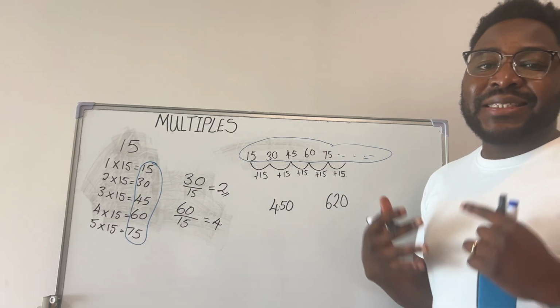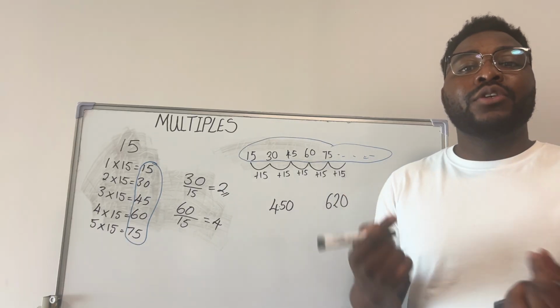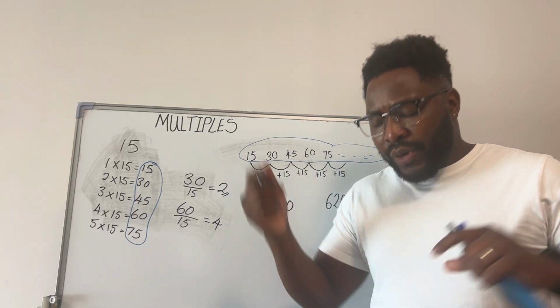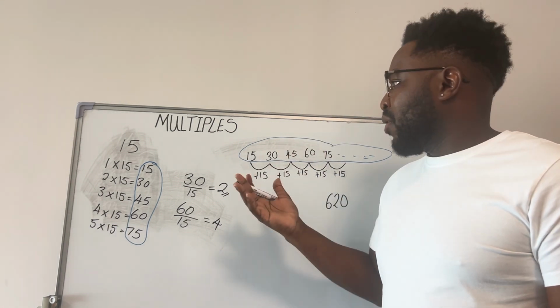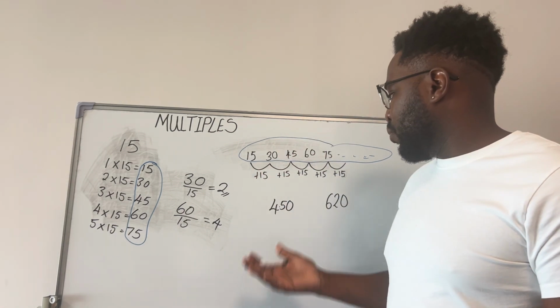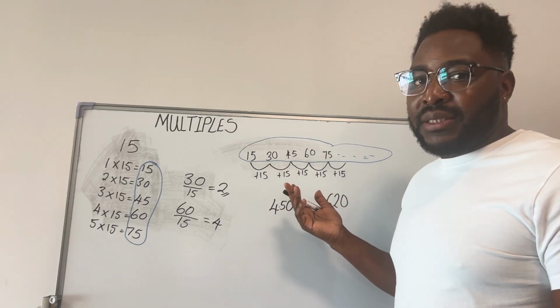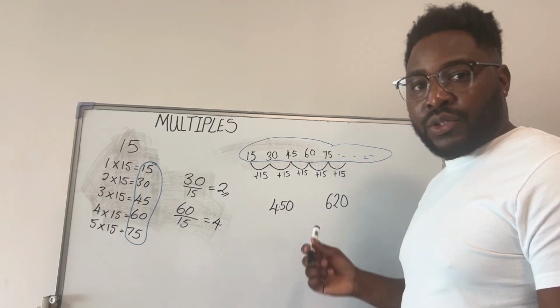So the question is asking us to find between these two numbers the multiple of 15. How then do we do that? In our mind we'll be like, okay, we can just find multiples of 15 until we get to 450 or 620 and see which one is a multiple of 15 between these two numbers.